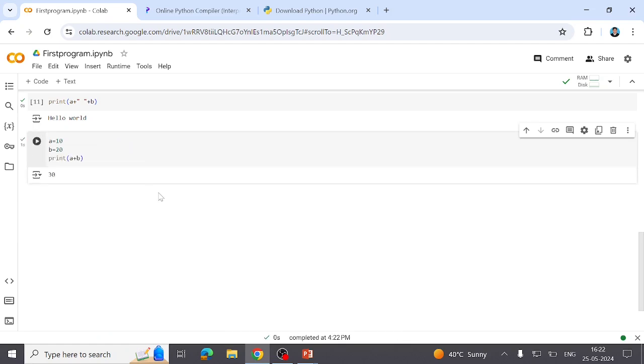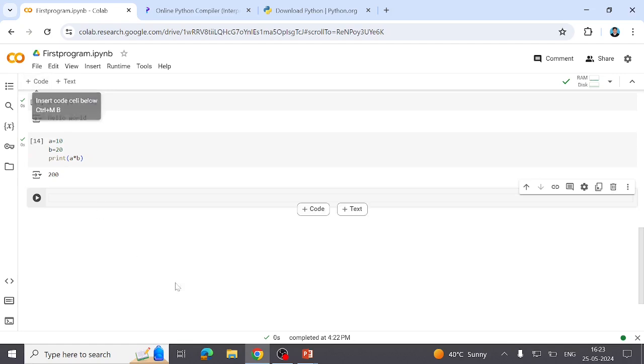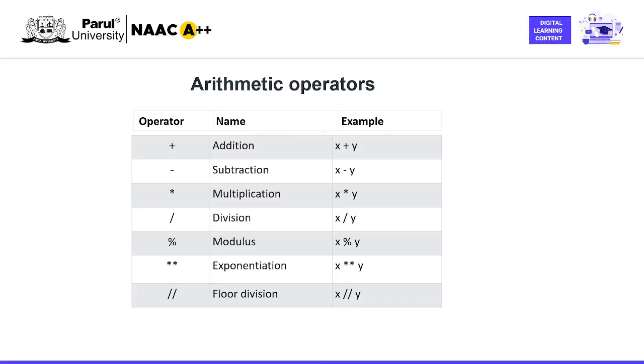You can see the output 30. It means addition. If you put the minus sign, then it performs subtraction, giving minus 10. If we perform multiplication with the asterisk sign, we get 200. The same goes for division. I discussed all the basic operators, now the last three operators.